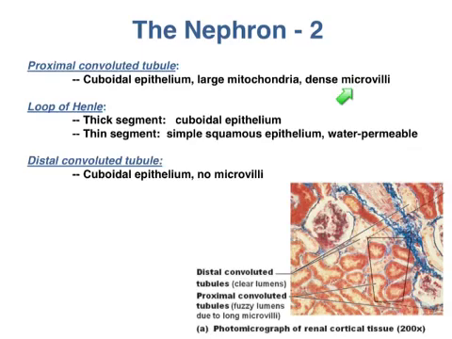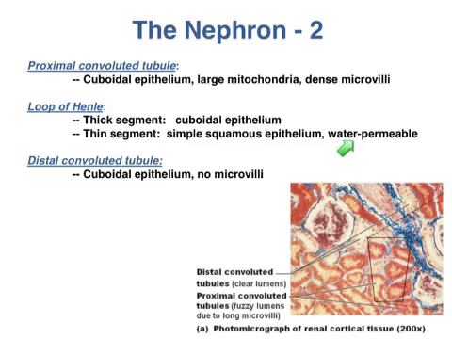In the loop of Henle, you have both a thick segment and a thin segment. The thick segment has cuboidal epithelium and is less permeable to water. The thin segment has a simple squamous epithelium, so it's easier for substances to cross, and it is water permeable.